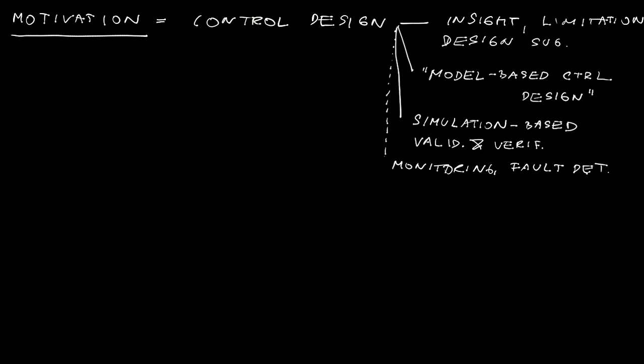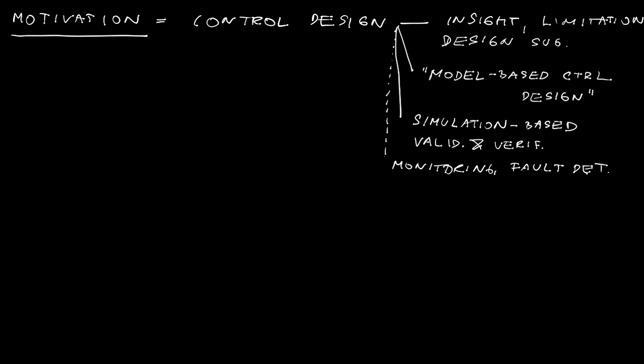This means that your high fidelity model of your system is run or simulated in real time, and the outcomes of the model are continuously compared with the outcomes from the real plant, from the real system. And if some statistically significant discrepancy is detected, it can lead to some alarm or whatsoever.